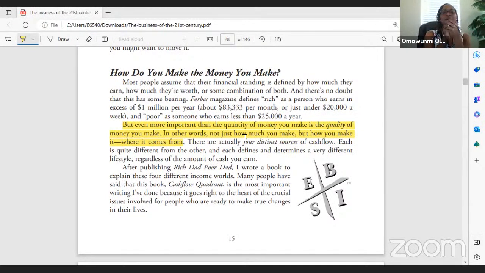All right. So Forbes defines you as a rich person if you earn in excess of $1 million per year. I think this gives us a good yardstick where you can peg your goals, your annual goals.